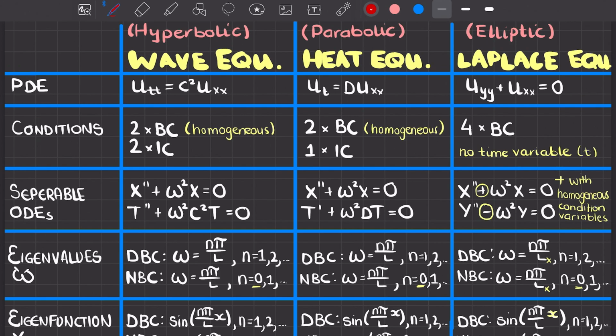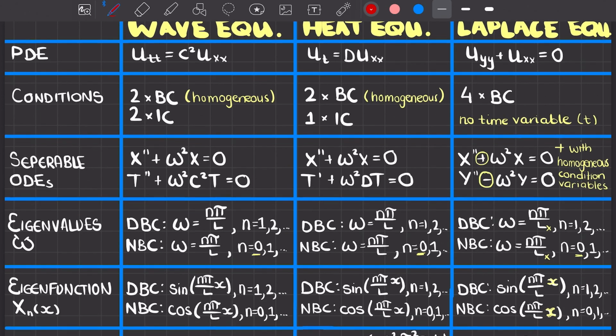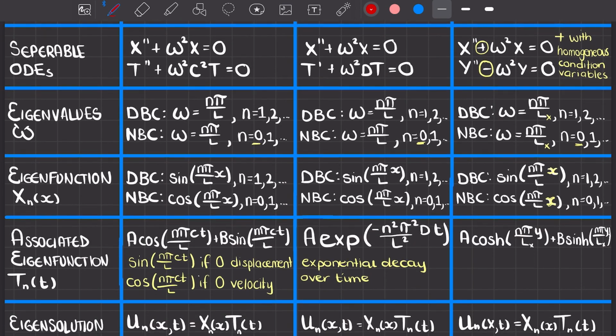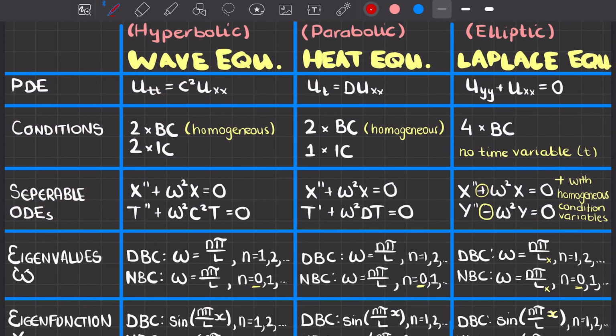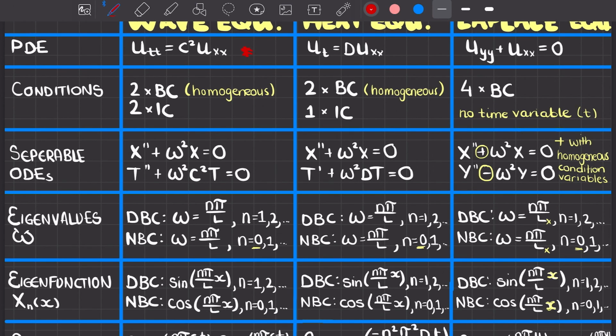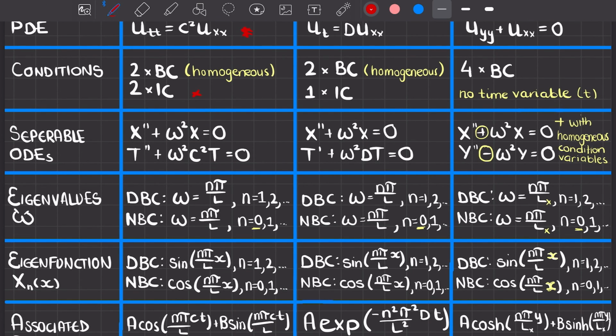Really quickly, just before we get into it, I want to show you this summary sheet that I've made up for the wave, heat and Laplace equation. You'll see that the example we're doing today is the wave equation, so our PDE will have this form. We will get two homogeneous boundary conditions, and then we'll also have two initial conditions which may or may not be homogeneous here. Our separable ODEs are going to take this form.